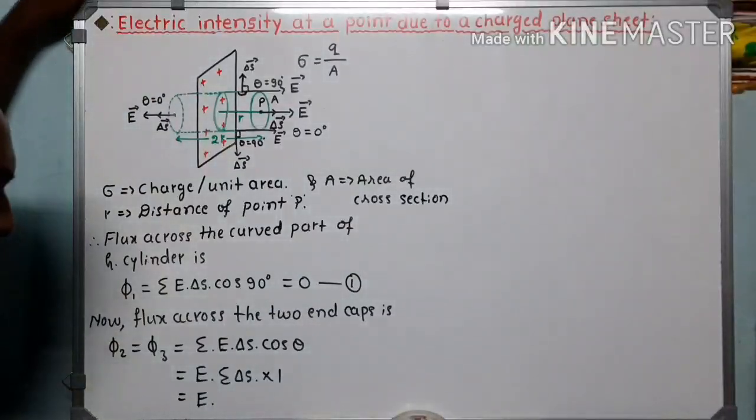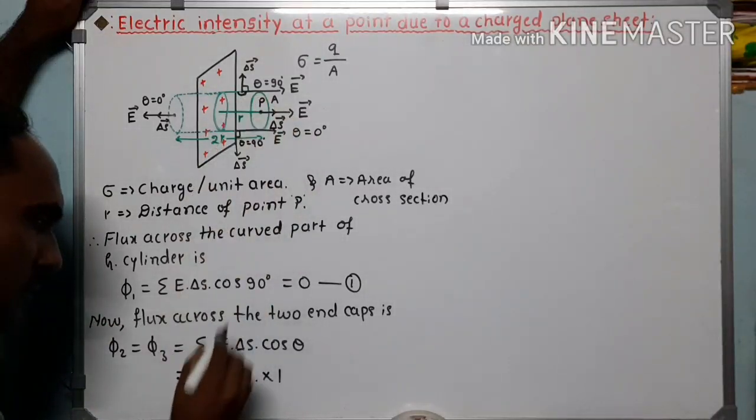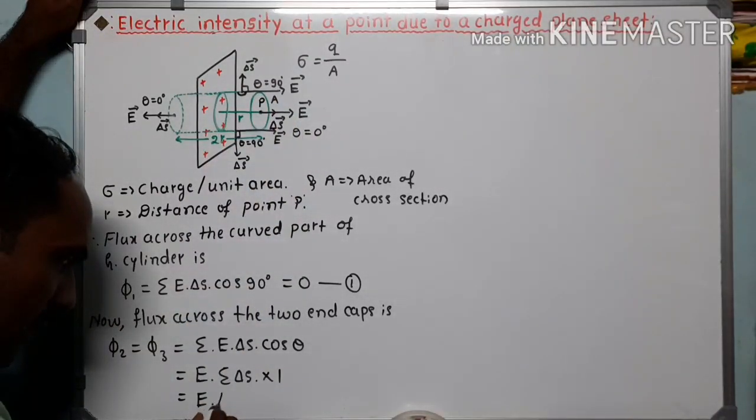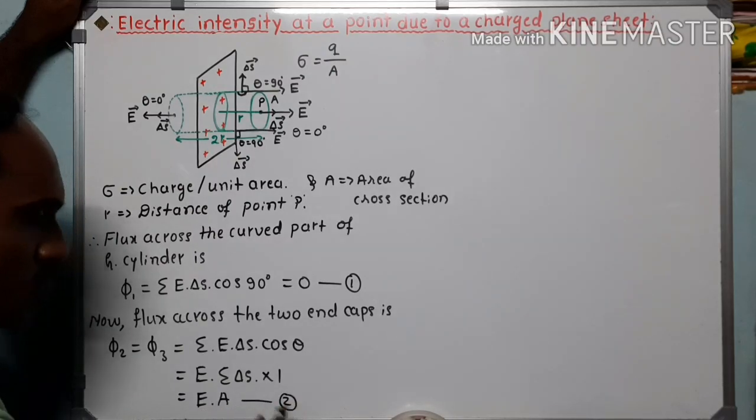Of the two end caps. Okay, the summation of delta S is the area of cross section of this end cap, that is capital A. Okay, call it as equation 2.